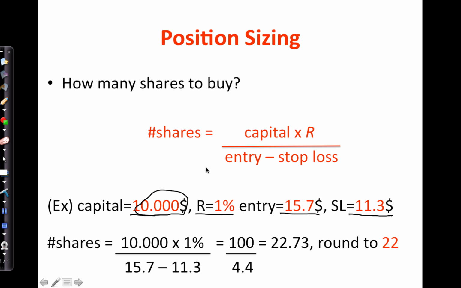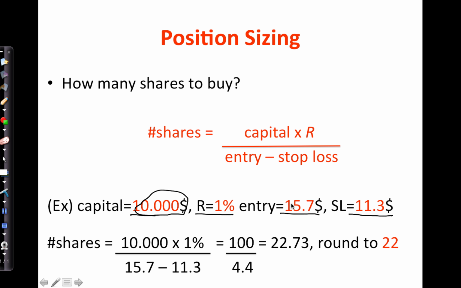Well, if you look at this formula, you have to take your capital, $10,000, times 1%, and you divide this by the difference between these two. So what you get is $100 over 4.4. So what does this 4.4 represent?